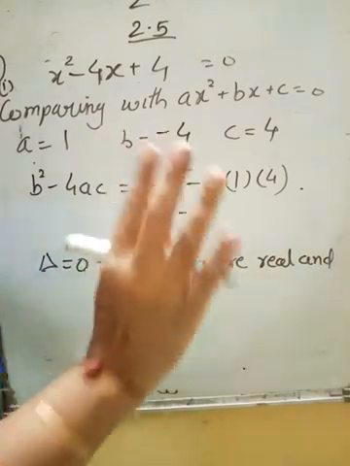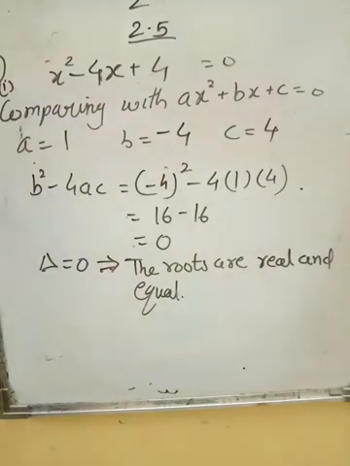So these 3 points you are now going to memorize: when it will be real, when it will be not real, and when it will be real and equal. So all the 3 you are going to memorize. Today it was the first day, so you might make mistakes, but when you practice the sums, you will get confidence. So let us go towards the second sum.